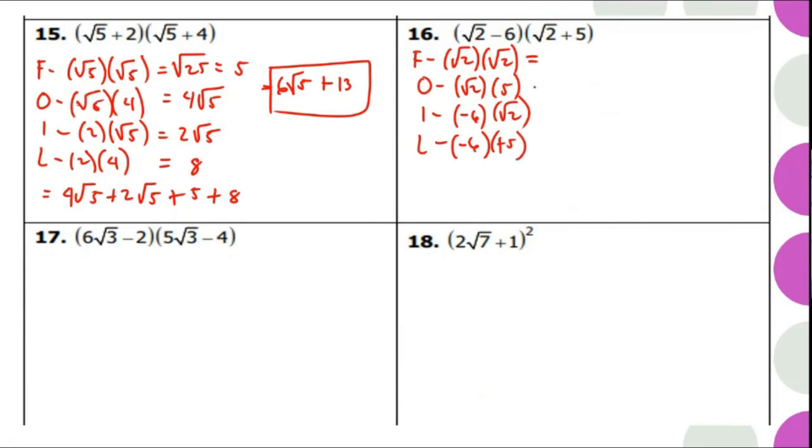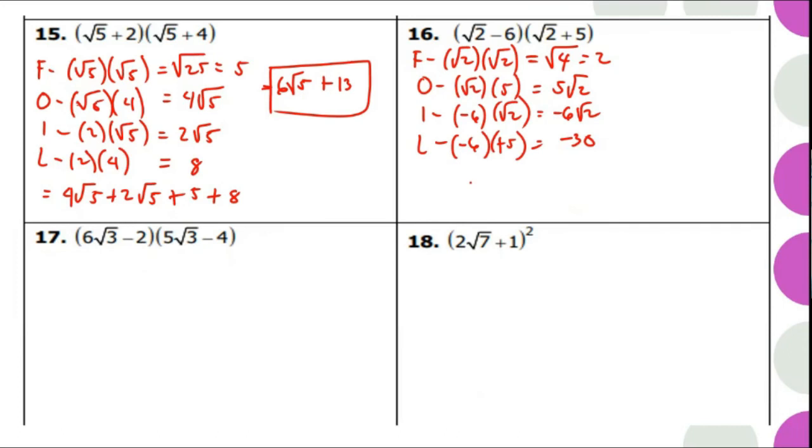So we will multiply. The product of the first terms is square root of 4, which is 2. The product of the outer will be 5 square root of 2. The product of the inner is negative 6 square root of 2. And the product of the last terms will be negative 30.